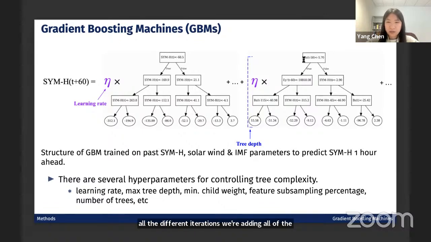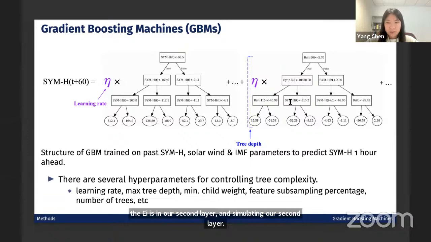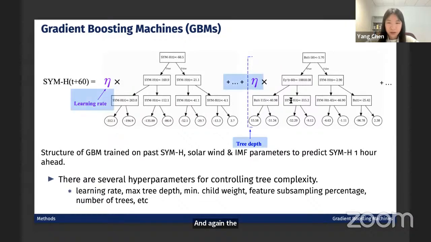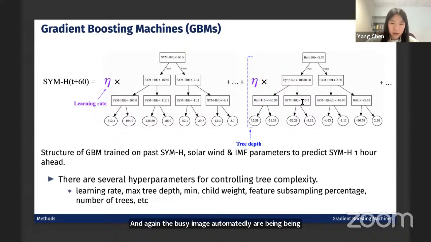And many of the times, the different input parameters are interacting with each other in this tree structure. For example, here, the BZ is our first layer, and then the EY is in our second layer, and Sym-H is in our second layer. And again, BZ and Sym-H alternatively are being used in the decision-making process as the tree goes down to the leaf nodes.